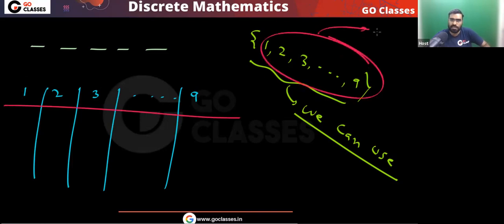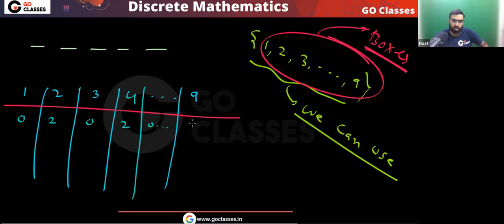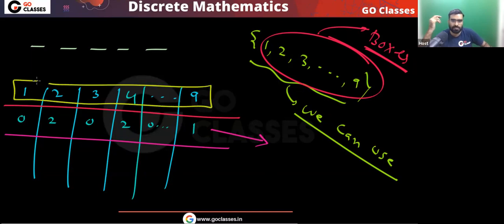For example, if I don't take 1, if I take 2, 2, if I don't take 3, if I take 4, 4, and keep 0 for the rest, and then I take 9, which number will you get? You will get this number: 2, 2, 4, 4, 9.